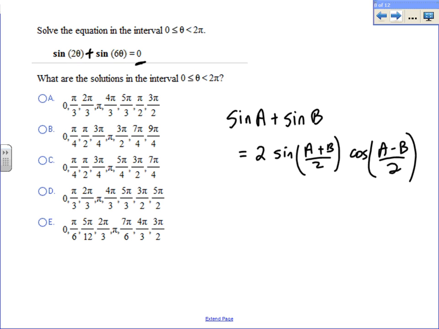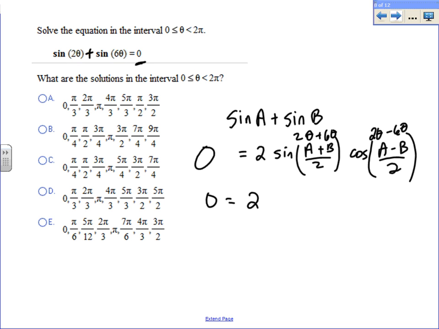Now, let's put in our A and B here. And by the way, we're just going to have that set equal to 0 like it is up there. Now, our A is 2 theta, and then our B is 6 theta. Okay, so let's see what happens here.